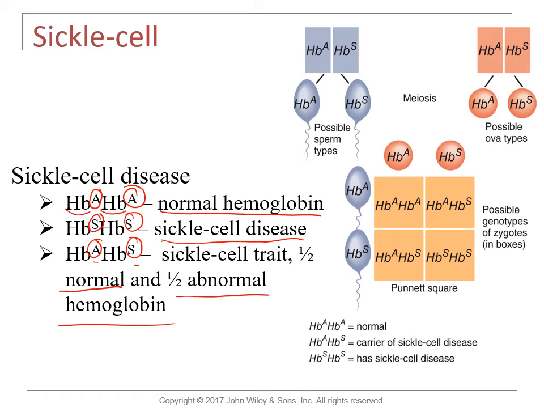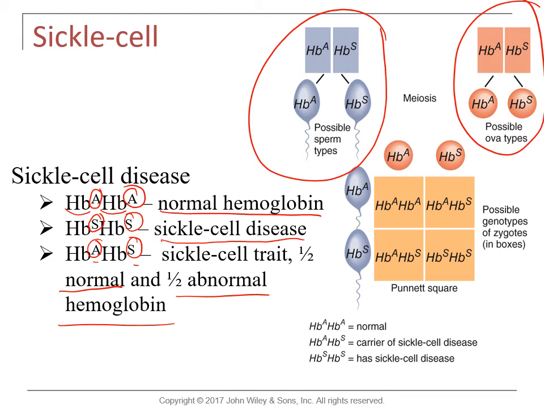In this case, heterozygotes are carriers and are said to have sickle cell trait. As we can see, we have 2 parents, and both parents have the heterozygous genotype. It means they have the sickle cell allele, and they have the sickle cell trait.